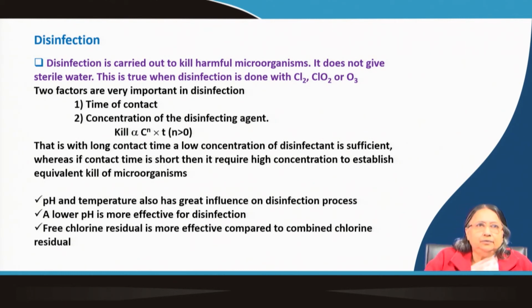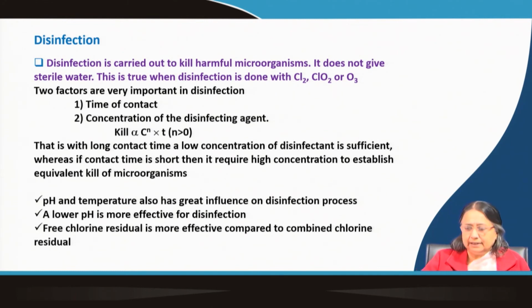And free chlorine residual is more effective compared to combined chlorine residual. But during transport, combined chlorine residual is important because it can protect the water, as during transport there may be some contamination.